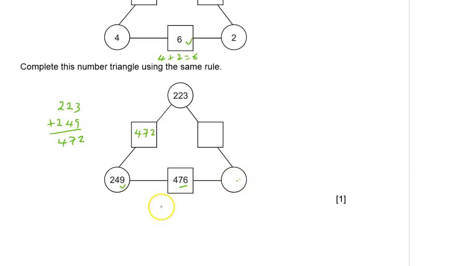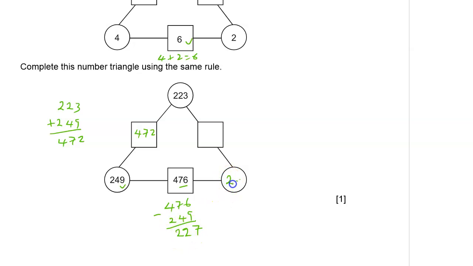So this number here is obtained by taking away 249 from 476. And when we do that, we'll get 7 right there. Remaining, 6 minus 4 is 2. And then 4 minus 2 is 2.